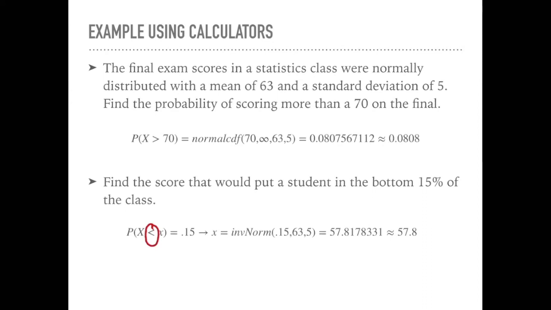So inverse norm, 0.15, 63, then 5, gives us 57.81783331, which is approximately 57.8, exactly what we got before. So what we're seeing here is our calculator can give us more accuracy, but when rounding to the same number of decimal places you would get from the table, it's giving you the same answer, which is nice. That means you can choose either one as you're working through this on your homework or on a test.